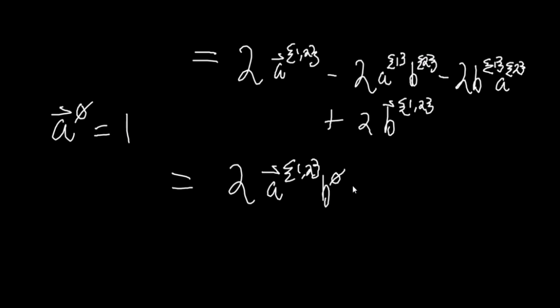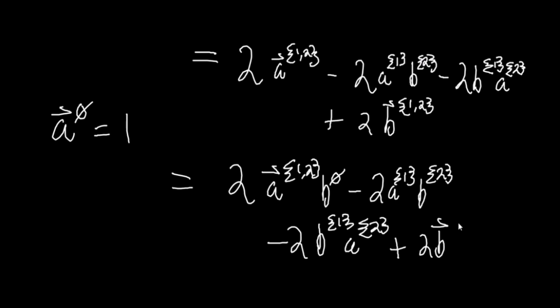Then minus 2 times a raised to the singleton 1 times b raised to the singleton 2, minus 2 times b raised to the singleton 1 times a raised to the singleton 2, plus 2 times the vector b raised to the set 1, 2, times a raised to the empty set.